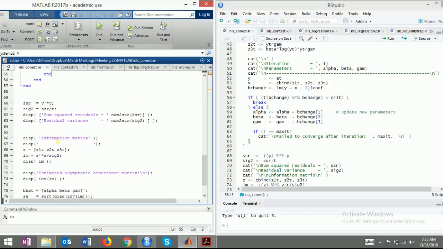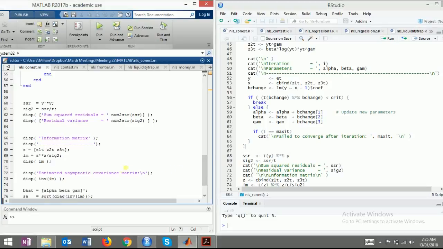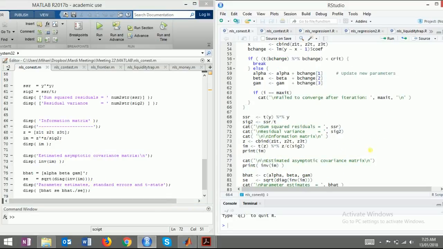Information matrix is Z Z transpose divided by sigma square. That is something you also know from previous calculations. And inverse of information matrix, alpha, beta, gamma, square root of diagonal elements of the information matrix.